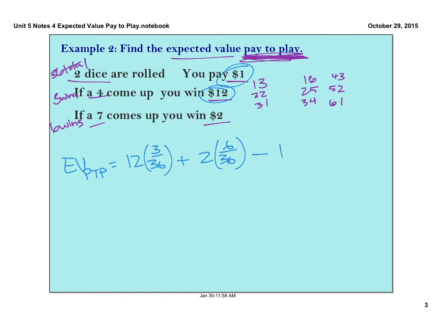And again, I don't factor the losses here. So if I put these together, I've got 36 out of 36 plus 12 out of 36 minus my dollar.